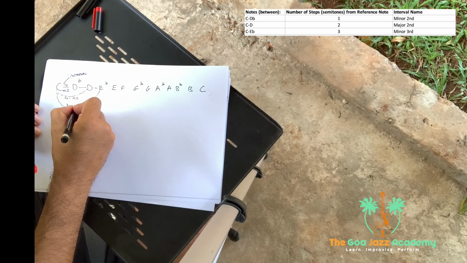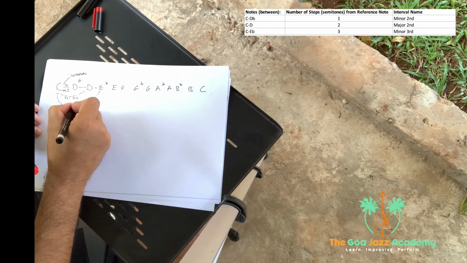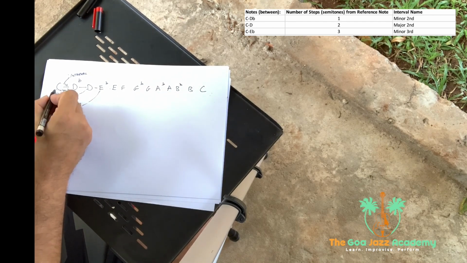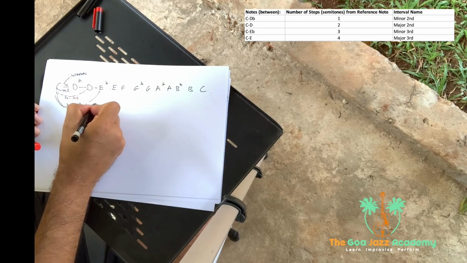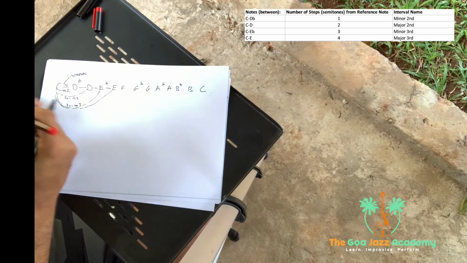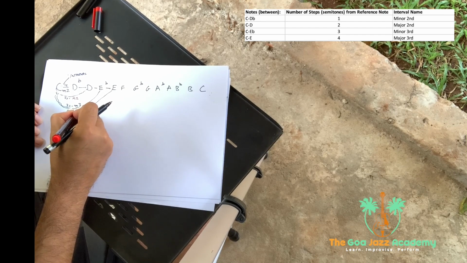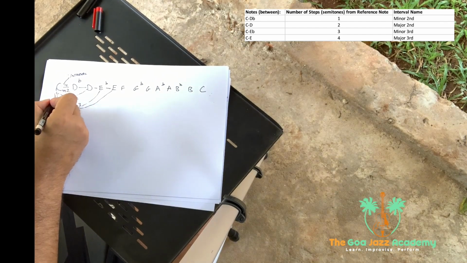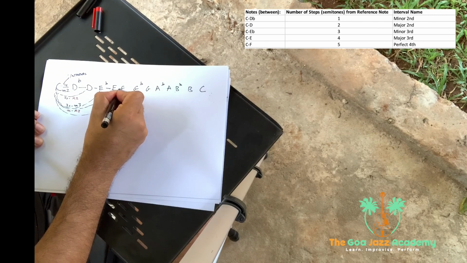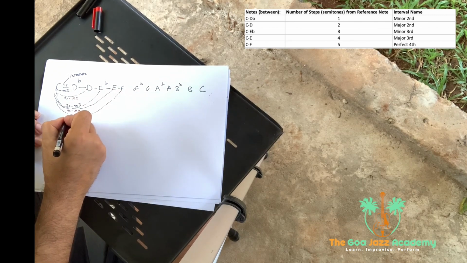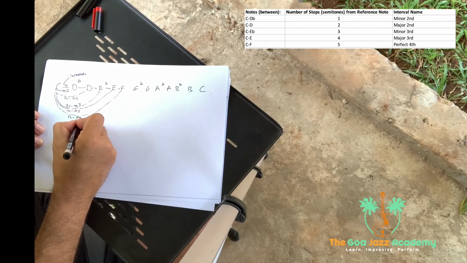This is a minor third. So small m for minor, capital M for major. Now between C and E we have four steps. Now this is a major third interval. Now between C and F we have 5 steps, okay, and this is what you call a perfect fourth interval.